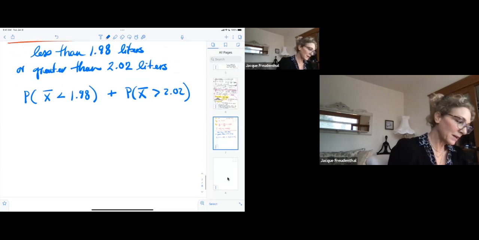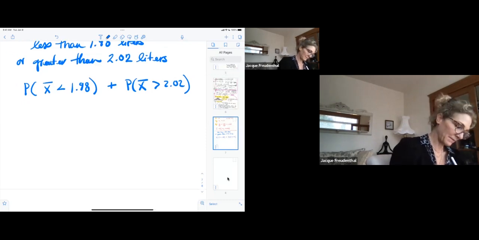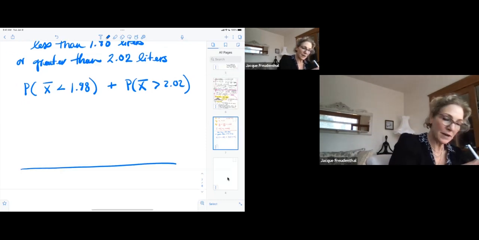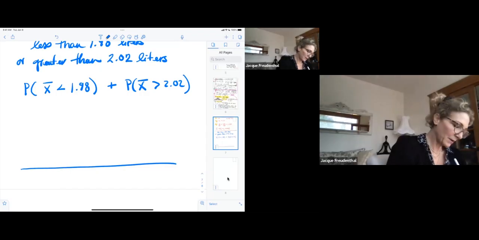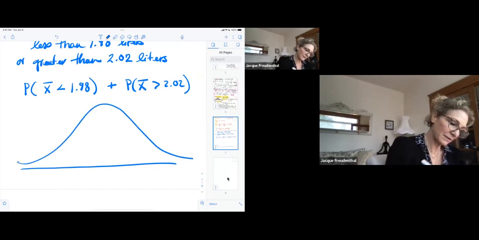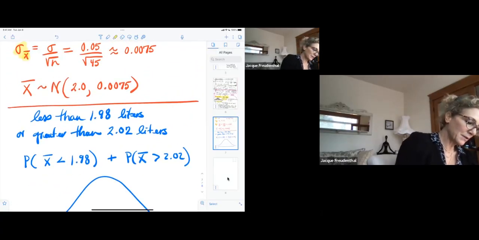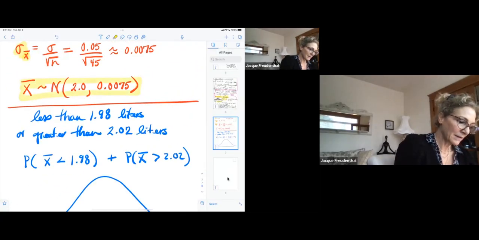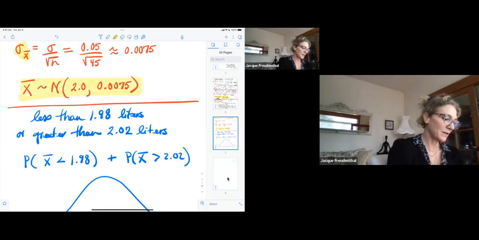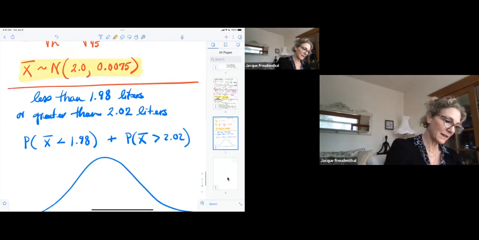Okay, so now I want to draw my diagram. I understand what I'm trying to find, so I want to relate it to my graph. Here's my sampling distribution. X bar follows a normal distribution with 2.0 as the mean and 0.0075 as the standard deviation.